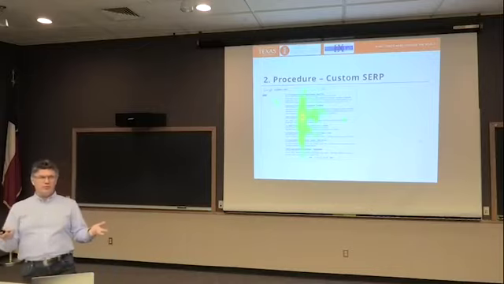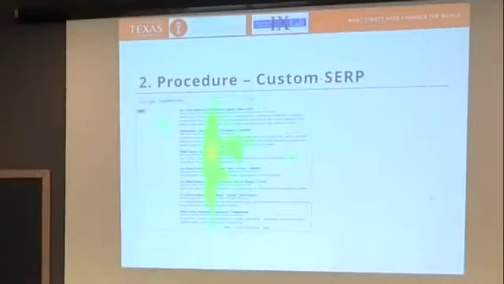So we removed PDF files and videos. There were only what we could think of as textual results, and also we limited the number of results to 7, so that eye tracking could be done in more detail, so that we could track eyes at the level of individual lines of search results.